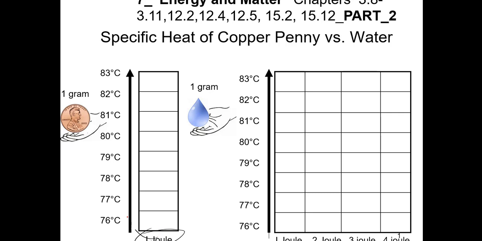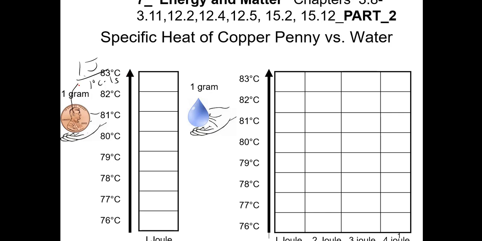So the amount of energy required to raise the temperature, specifically raise the temperature, is called specific heat. In general, 1 joule of energy is required to raise the temperature 1 degree Celsius for an amount of 1 gram of that substance.